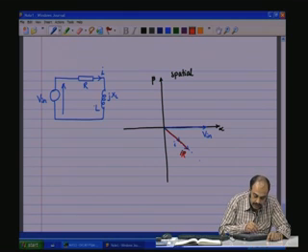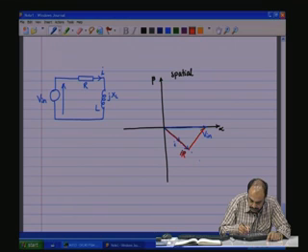Now, the voltage across the inductance is XL into I, but rotated 90 degrees in the positive, that is anti-clockwise, direction. So, you have I into XL, which is rotated 90 degrees. This is I XL. So, there is an angle theta here.